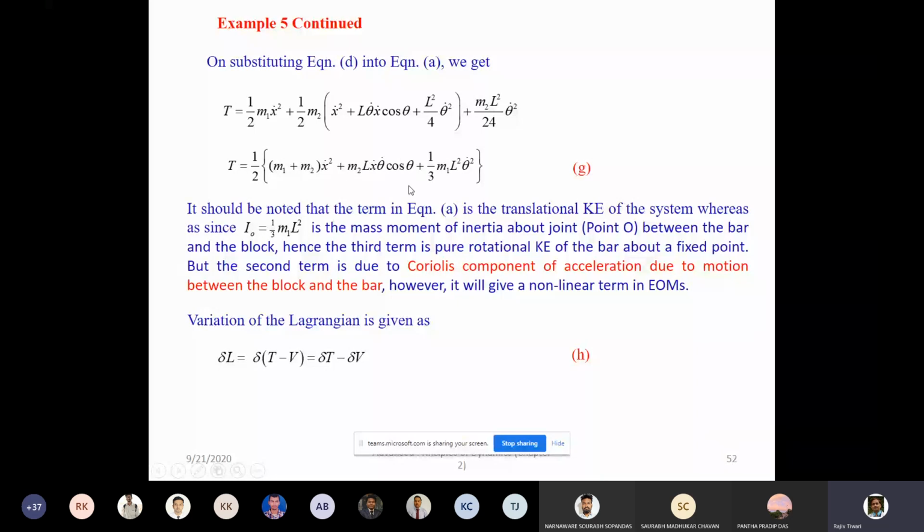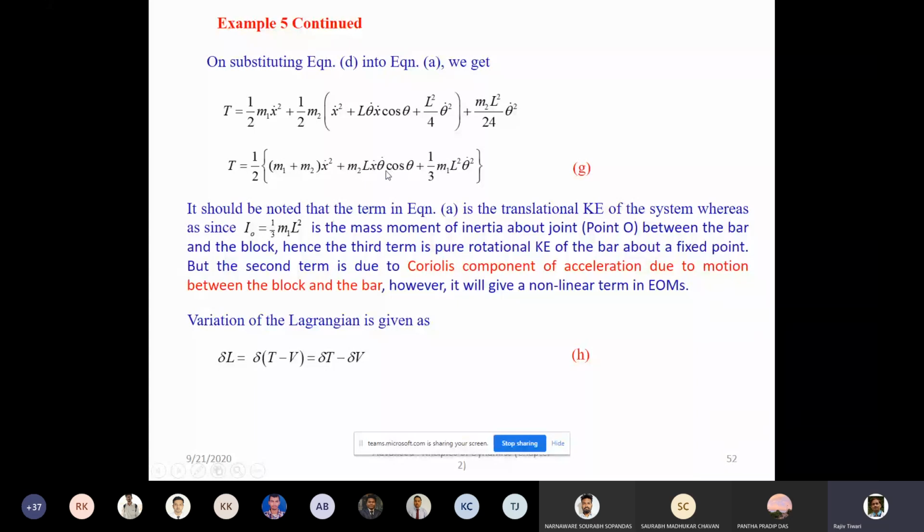This particular term, if you see, contains x dot, theta dot, cos theta. So basically this will give some kind of nonlinear term in the equation of motion, because it has multiplication of various generalized coordinates.